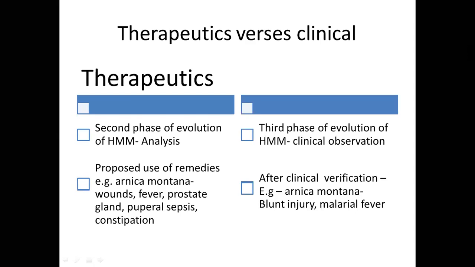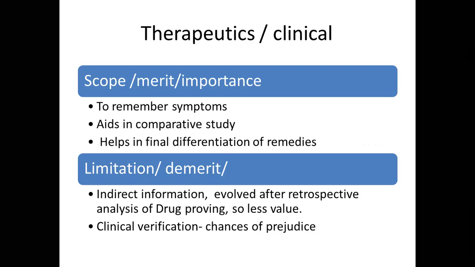Then what is the merit and demerit of this term? The merit of this term is the same as we have seen for the previous one, but the explanation will be different. It will help us to remember the symptoms. If the therapeutics of Arnica suggests that it is more useful for wounds, then we can recollect the symptoms related to wounds. What are the symptoms related to wounds?